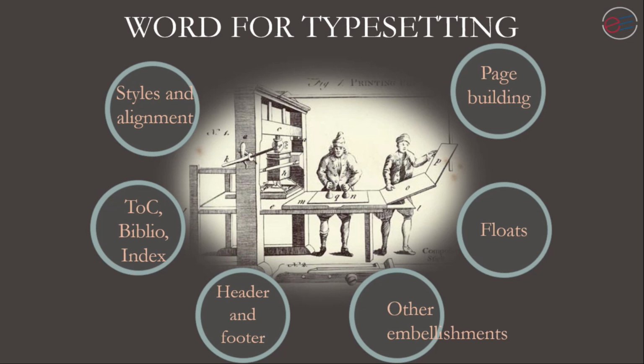Floats are, as the name represents, elements that can float, which means a table can go anywhere near the citation, but certainly it doesn't go to the next page. Most of the times it doesn't go to the next page. And there are a lot of conventions defined by the style manuals like CMS, AP, or AMA to define the position of floats, tables and images.